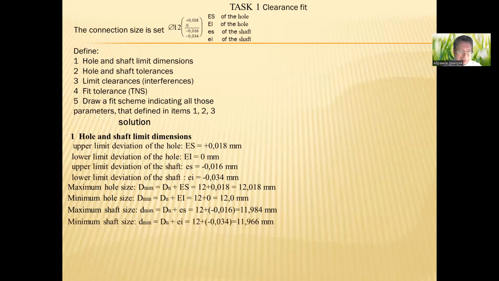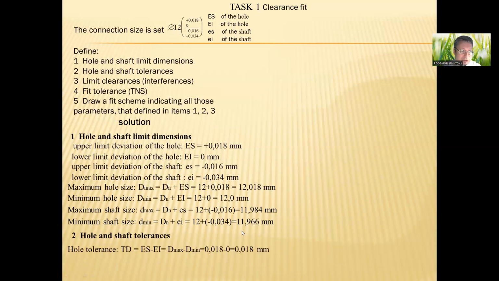Minimum shaft size, d minimum is equal nominal diameter plus lower limit deviation of the shaft, small ei. And 12 plus minus 0.034, minus 0.034. And we have 11.966 millimeters.